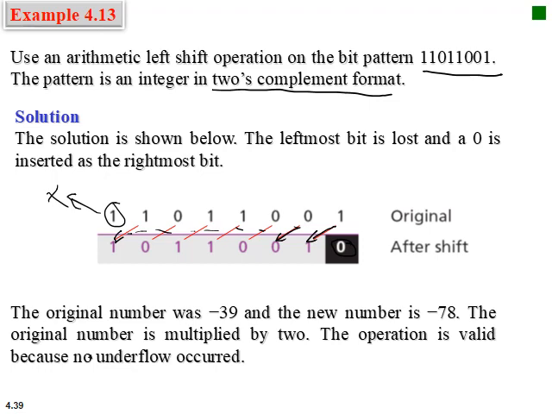Alright, so now what in effect this is, you can go and do the math again. I'm not going to go and do it for you, but go and calculate what is the 2's complement value of that. You will find out it's going to be minus 39. And if you calculate the 2's complement value of that, you're going to find it's going to be minus 78, or is it going to be 78.5, I think.